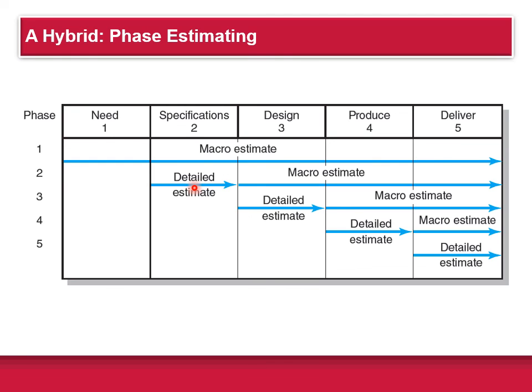As you go through the project, from the need to the specifications to the design, you repeat this, and as the specifications become more firm and solidified, your estimates get better and better throughout the life cycle. Phase estimating is preferred by those working on projects where the final product may not even be known and there's a large amount of uncertainty. You have to do cost estimating as you go and refine it along the way.